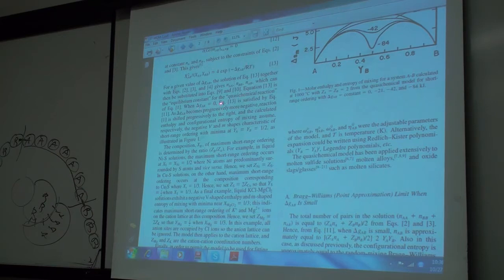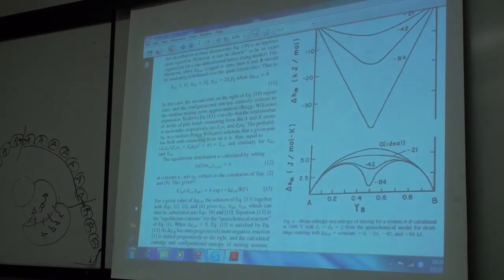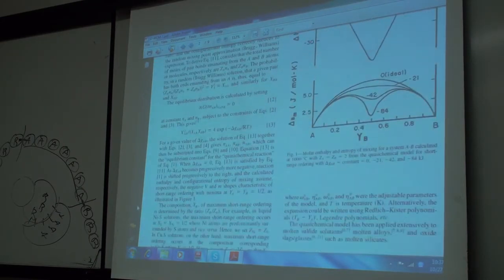When delta GAB is 0, equation 13 is satisfied and you get an ideal solution, and we'll look through all this. The composition of the maximum short-range ordering, the minimum in the entropy and the heat equation, these are heat and entropies for different values.